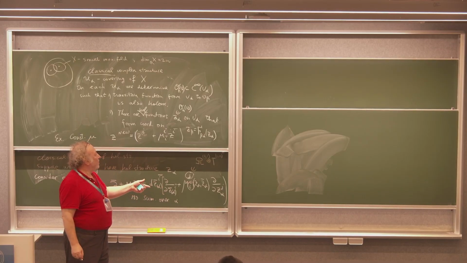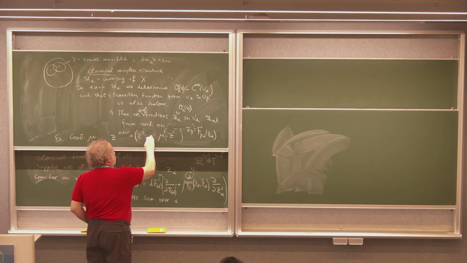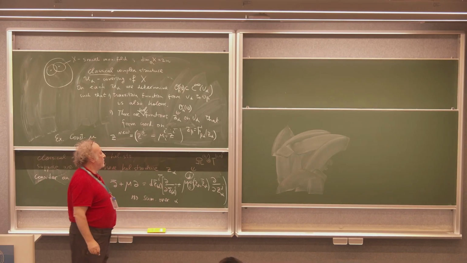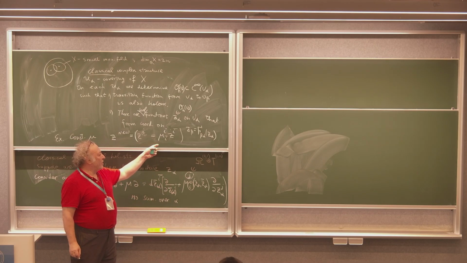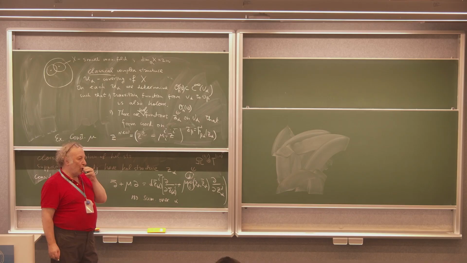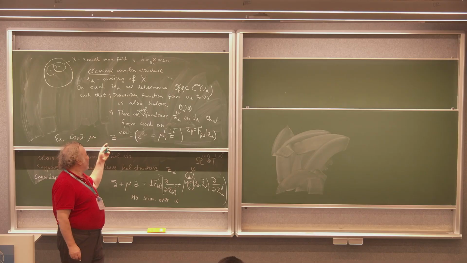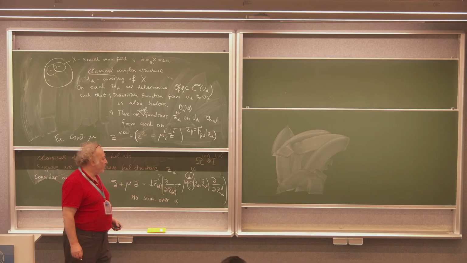So when I apply, probably with the minus sign, it doesn't really matter. So when I apply this operator here, I will get 0 up to mu squared. It was an example. In this way, I change complex structure.